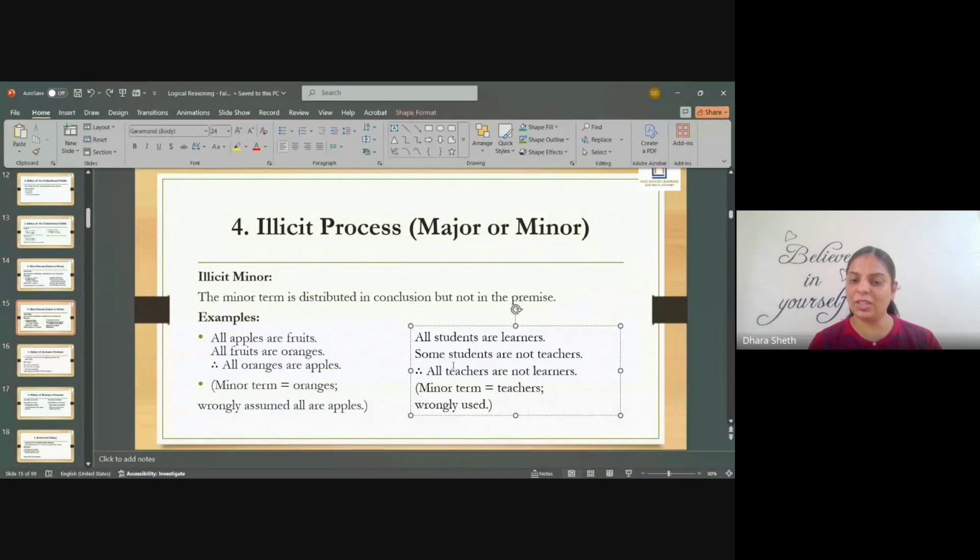So when it is distributed in the conclusion, but not in the premise, that is when it becomes illicit minor. Clear with this? Illicit major and minor? The rest of you? Okay.